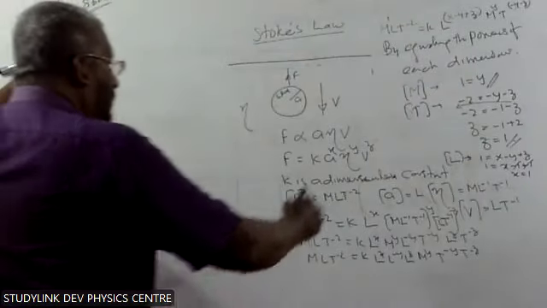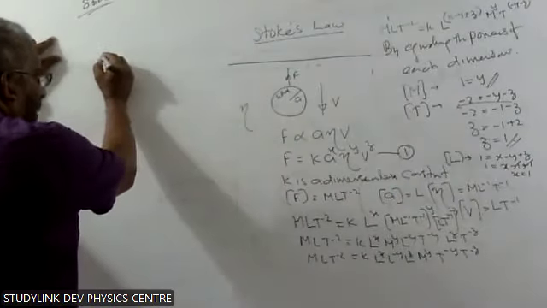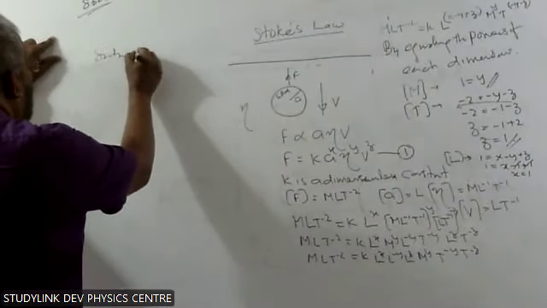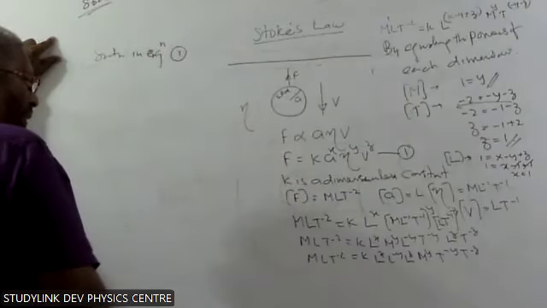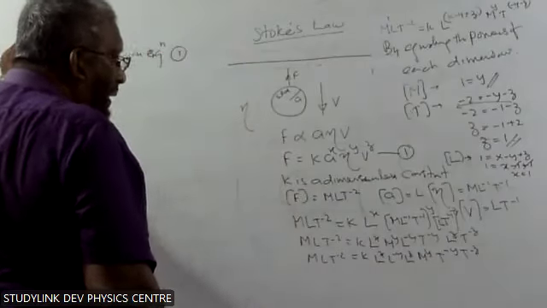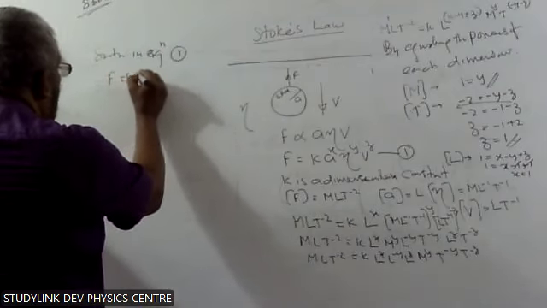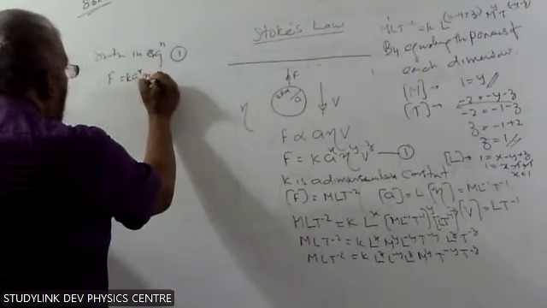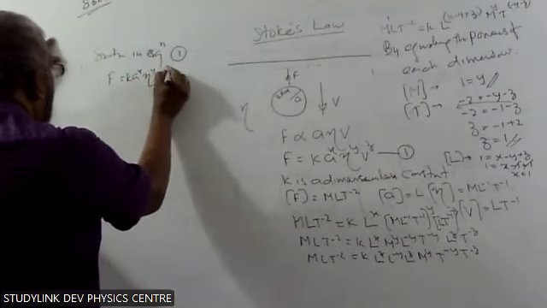Now substituting this in equation 1, we are getting f equals k a to the power x, eta to the power y and v to the power z.